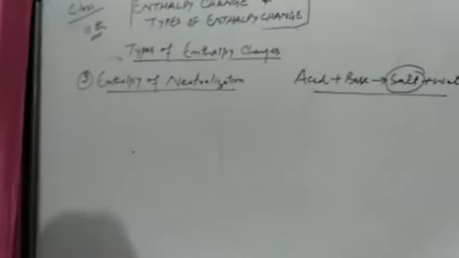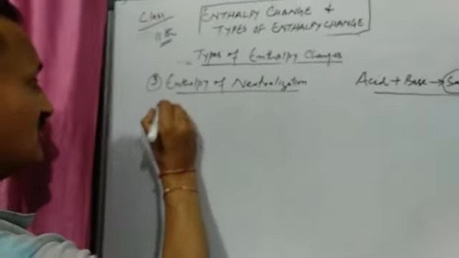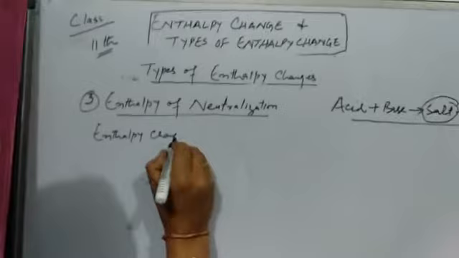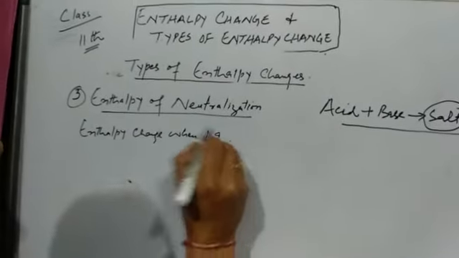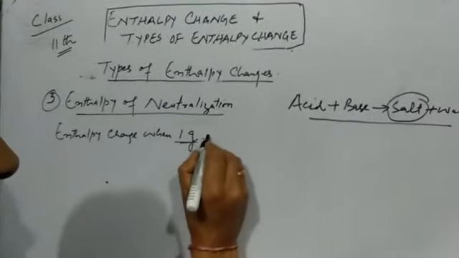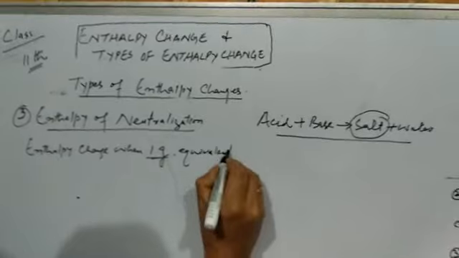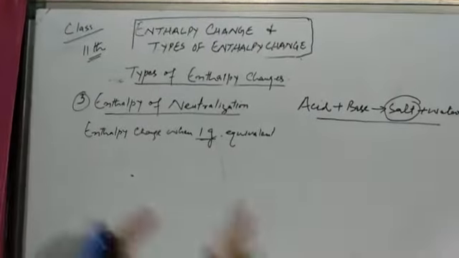Now what is enthalpy of neutralization? Enthalpy means again enthalpy change. This is again enthalpy change when 1 gram equivalent, this time not mole, 1 gram equivalent of what? Acid or a base? Both. It can be acid or base, because acid neutralizes base and base neutralizes acid.